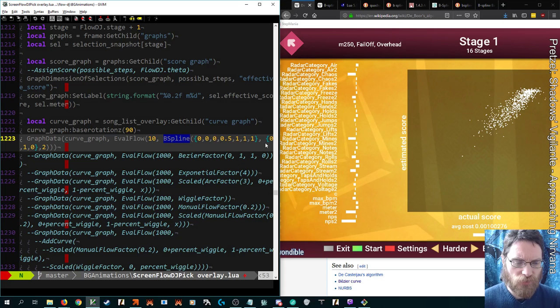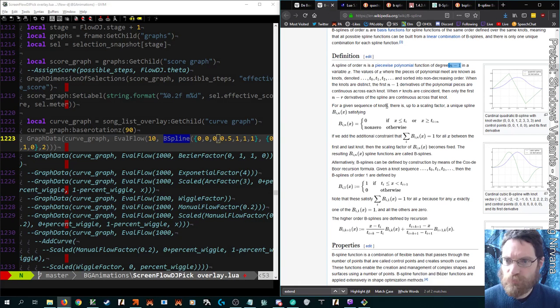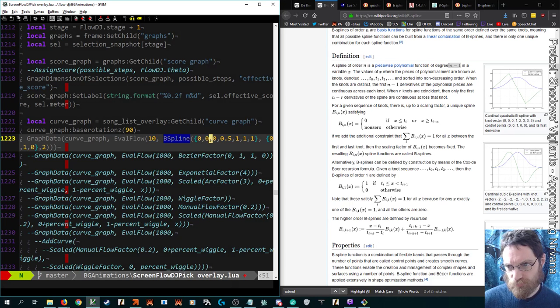Well, if we can back calculate the degree, what was... well, 1, 2. This would be like 0, 0, 0, 2 values, and we have 5 things. 8 minus 5 is 3, minus 1 is 2. So that makes it a degree 2 in theory.